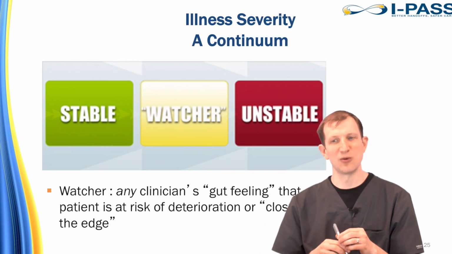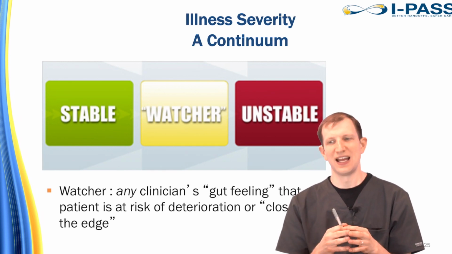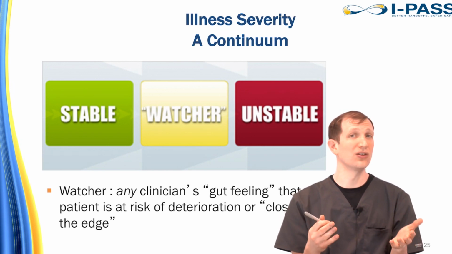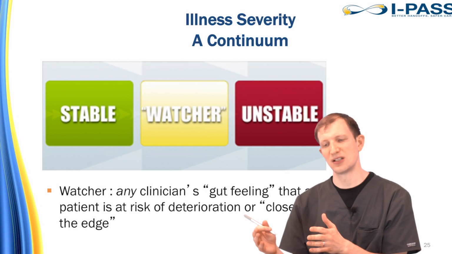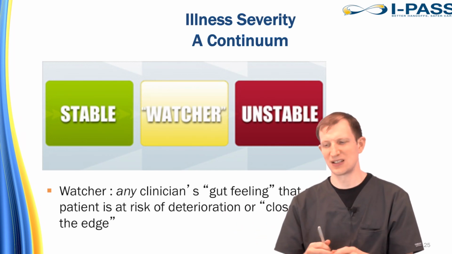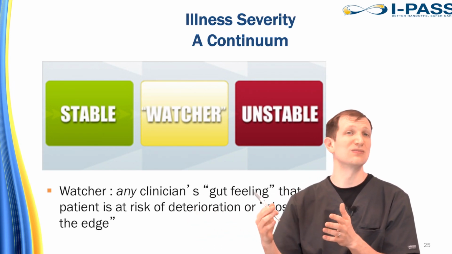So a stable patient would be someone that you don't expect anything bad to go wrong with, and you don't need the cross-cover team to go and check on at all unless they're called, and then they would handle it. A watcher, you want them to go check on the patient at least once during the night, and you want them to be aware of some things. And an unstable patient is typically someone you're bringing the cross-cover team to the bedside.